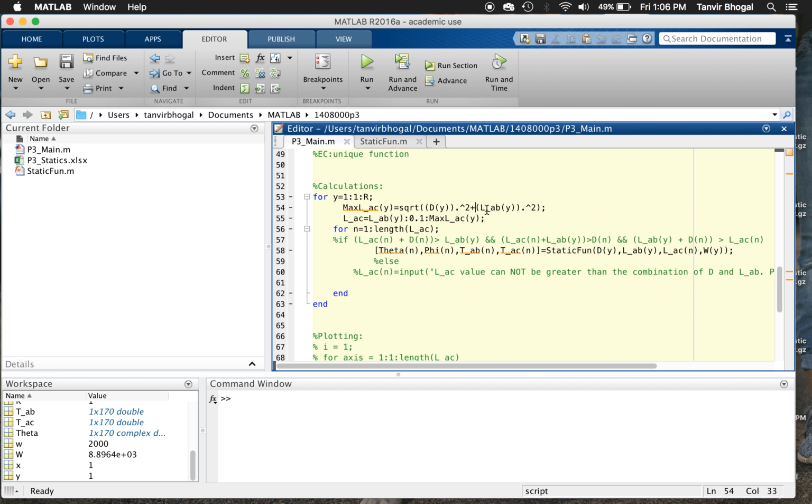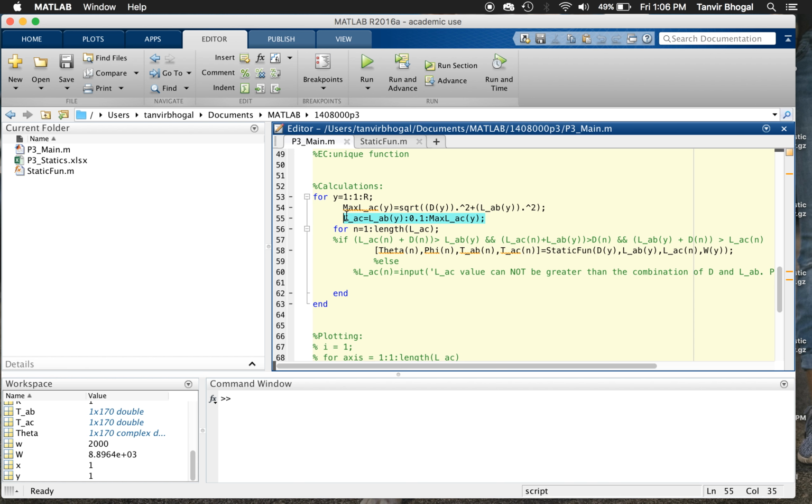So simply stating that the maximum LAC would be assuming that LAC was the hypotenuse of the triangle. So we simply use Pythagorean theorem here to find our max LAC, stating that it was the square root of D squared plus LAB squared.